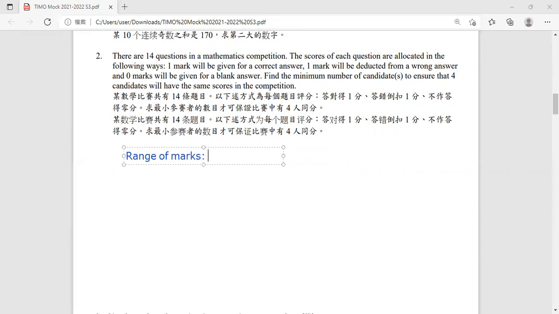If you get all the questions wrong, you will get negative 40 marks. If you get all the questions right, you will get 40 marks. Including 0, you can leave the whole question bank blank, then you will get 0 marks. So the number of possible marks is 81.